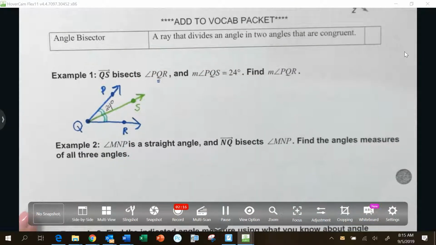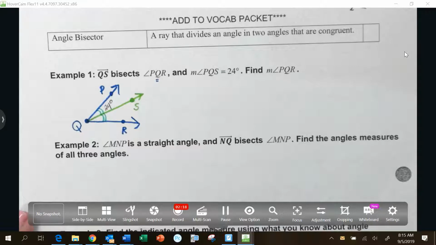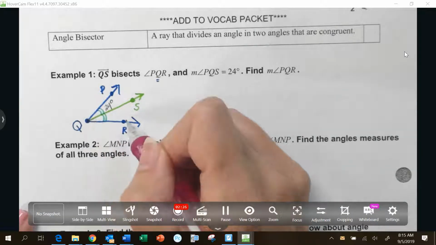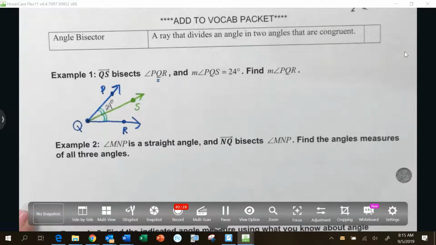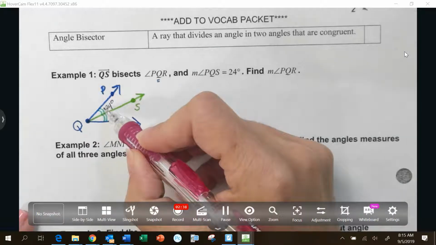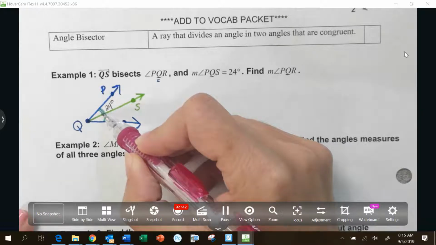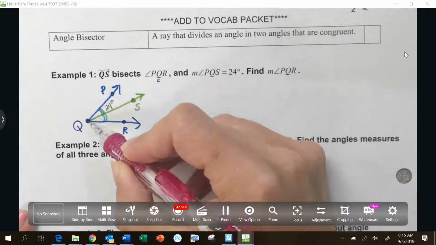We have to find PQR. Jesse, good morning. Can you help me find angle PQR? Didn't you have to do those subtractions that involve the 24 degrees? So 24 degrees is just this little angle right here. And PQR is going to be the big angle.